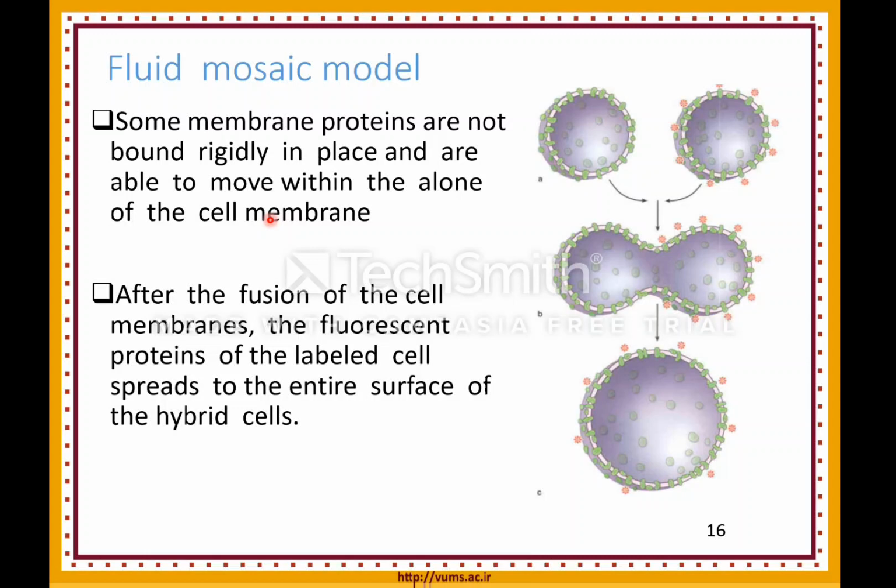In in vitro conditions, after fusion of one cell with another cell that was labeled with a fluorescent dye, after some time the cells fuse together and the dye spreads over the whole of the cell membrane. That shows that some proteins can move in the cell membrane. This is a function of the cholesterol that gives fluidity to the cell membrane.